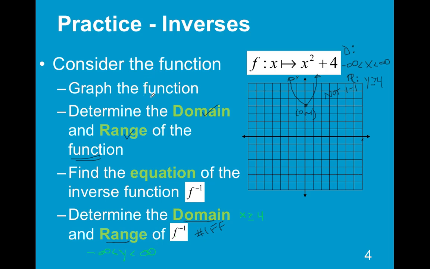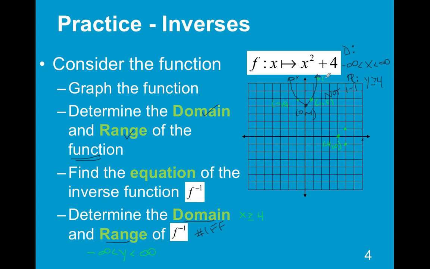I think I meant to ask you to graph the inverse here, so I don't have that in an equation, but let's go ahead and graph it. 1, 2, 3, 4. 4, 0. Remember we had the point from the last slide, 1, 5. So I have the point (5, 1) and (5, negative 1), right? Because on here is (1, 5) and (negative 1, 5).